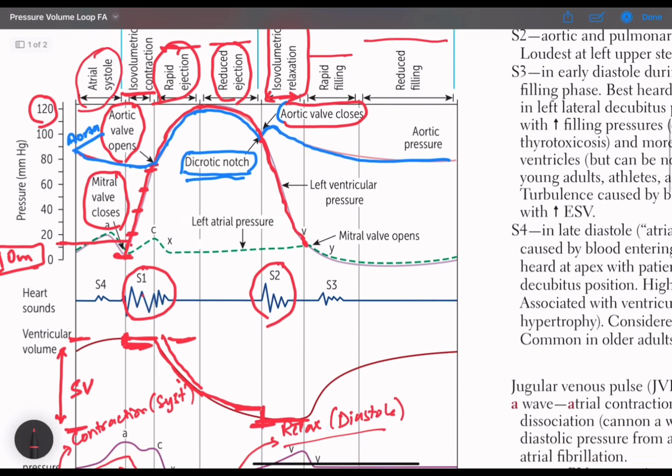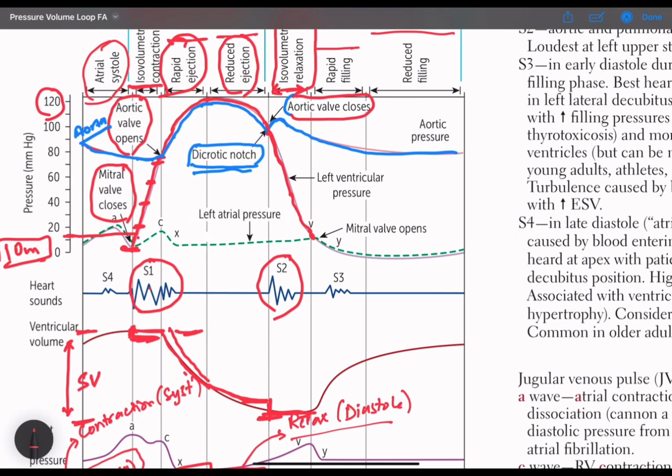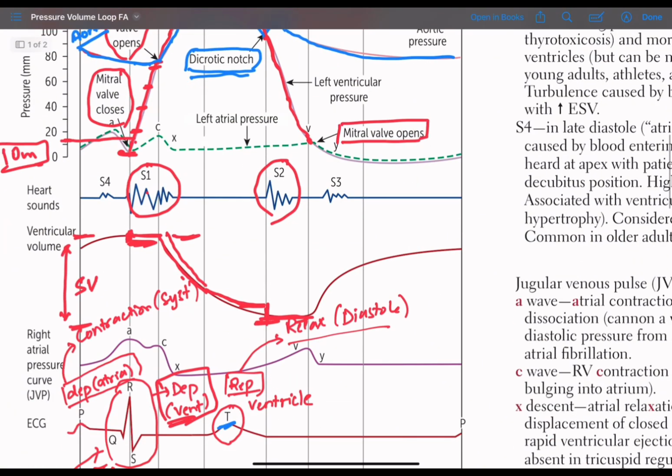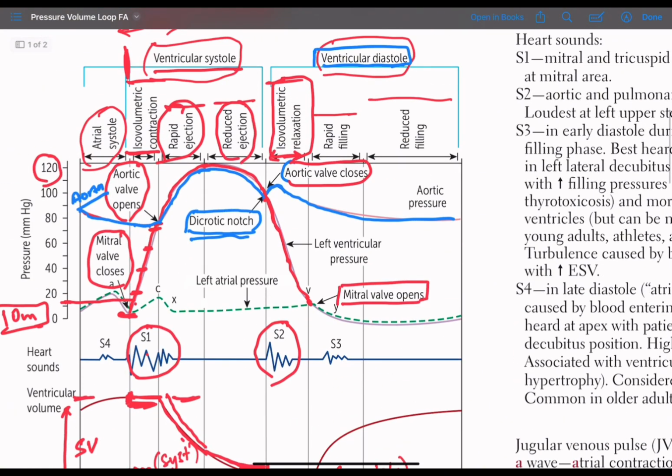After that, when the pressure drops below 12 mm of Hg, suppose at 10 or 8 mm of Hg, we have opening of the mitral valve, which marks the phase of rapid filling.